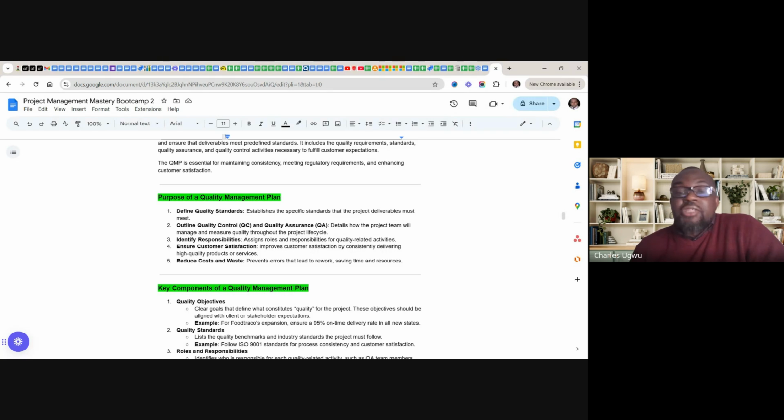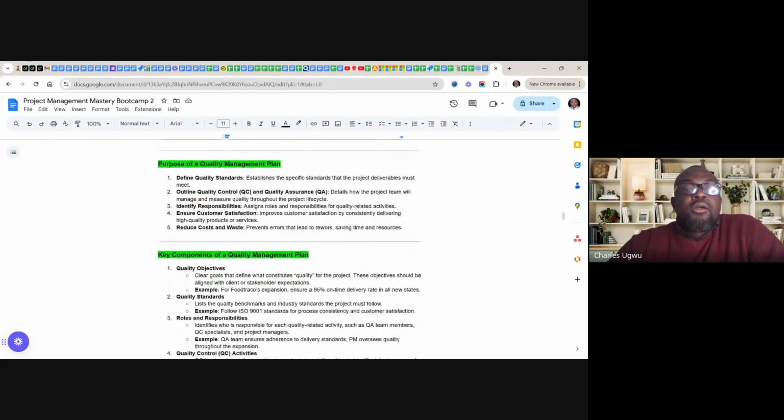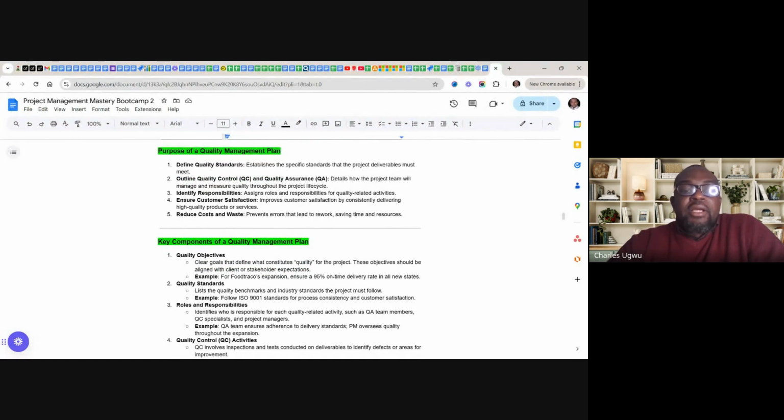These are key areas where we can look at scoring up points. So what are the key components of a quality management plan?